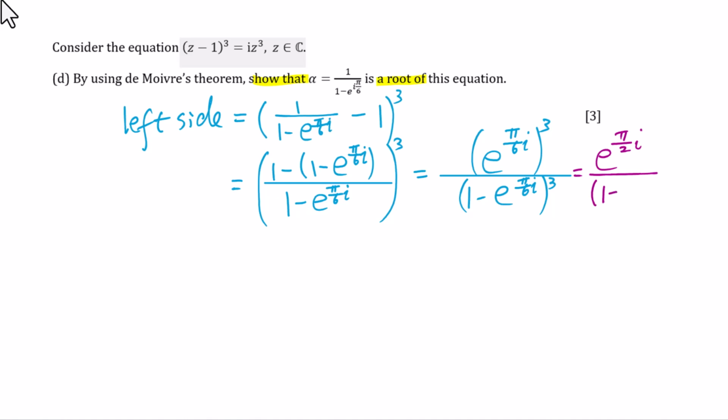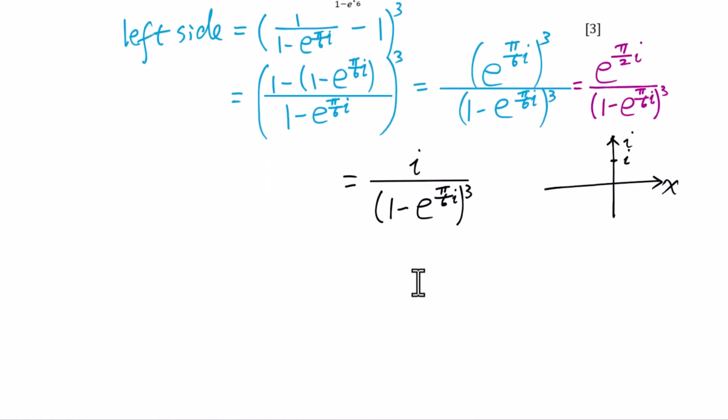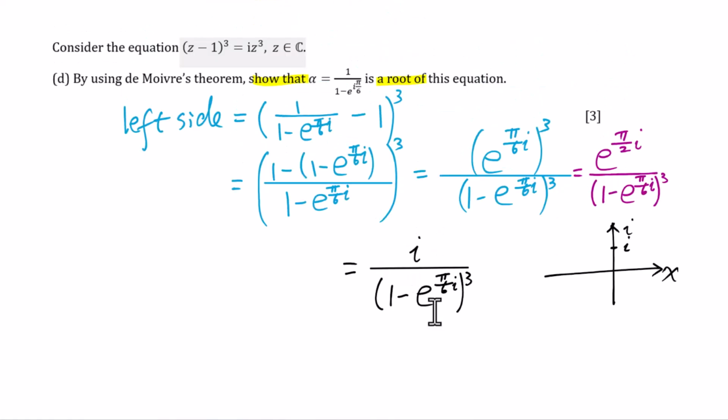The denominator is too complicated, so we leave it as it is. e to the power of pi over 2i is i. So we get i over 1 minus e to the power of pi over 6i to the third power. Let's go to the right side to check whether we can get the same answer.